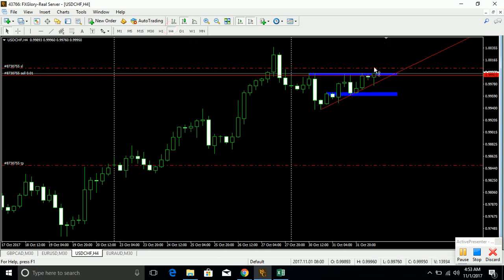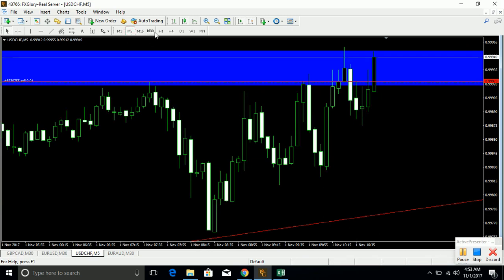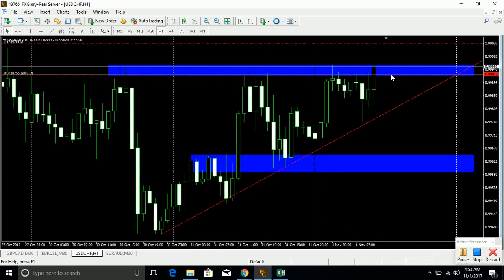I did throw a stop loss up here at the top of this zone, just in case it does extend higher. But I'm still with a strong sell bias.